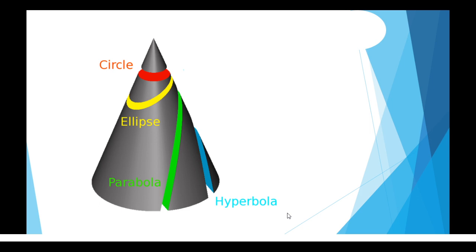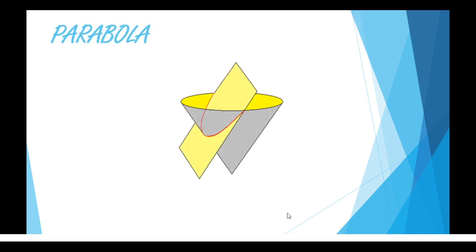Okay, the next slide. So again, what was parabola? Parabola is nothing but a section which is derived by intersecting the plane parallel to the generator. So this is the section which I get.